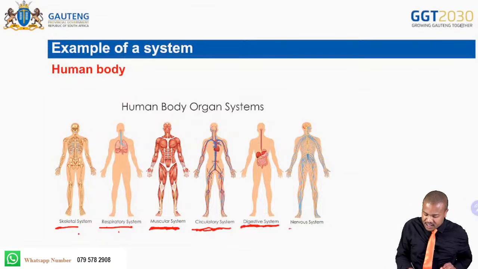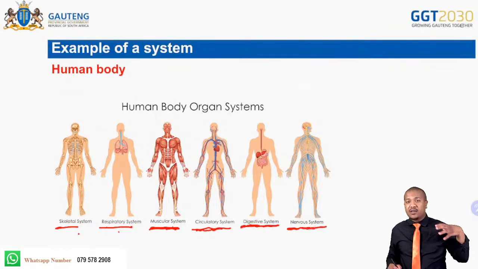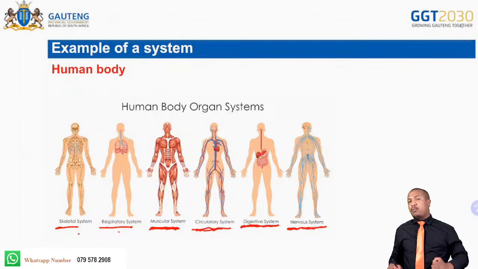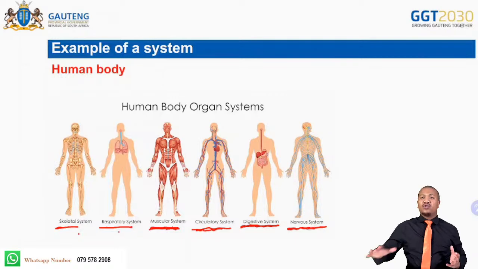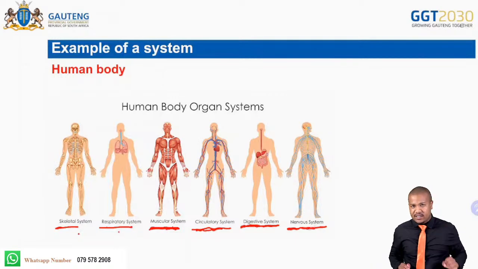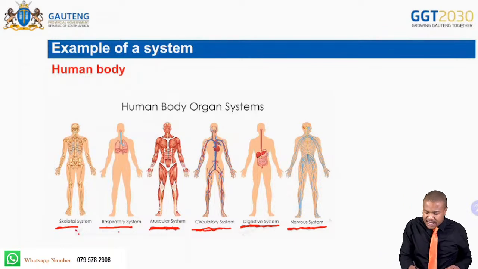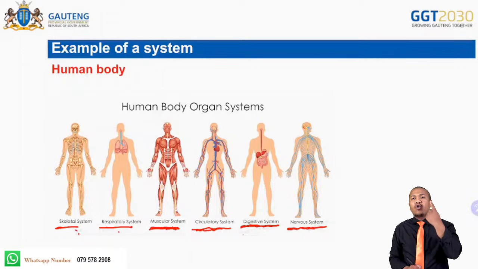Then the nervous system, for us to be able to detect stimulus and respond to that stimulus. For instance, when you put your hand on a hot plate stove, you are able to remove it quickly because of the nervous system. So all these systems again form a complete system, which is a human being.